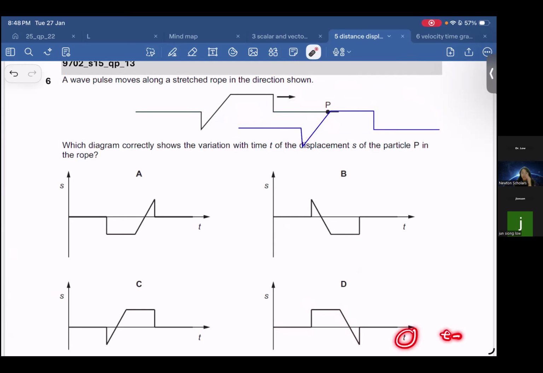So at start it is 0, not moving, but once the pulse comes, it will move up and then stay at the upper part here, then the pulse continues moving, so it will still stay at the upper part until here, where it will go down. So it should go down, then go down again, go up here and then stay again. So your answer should be D.